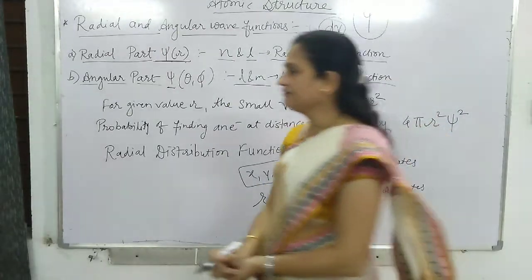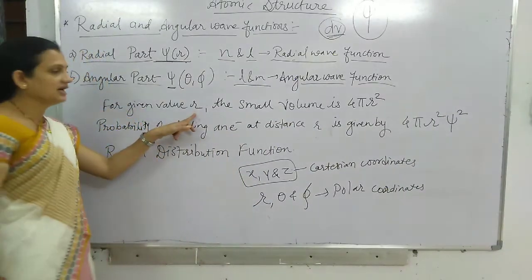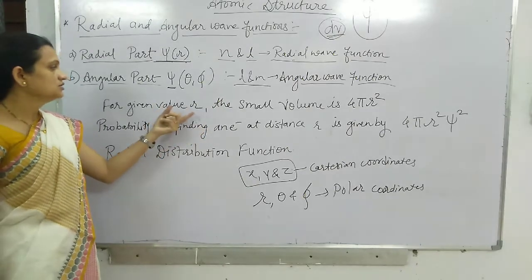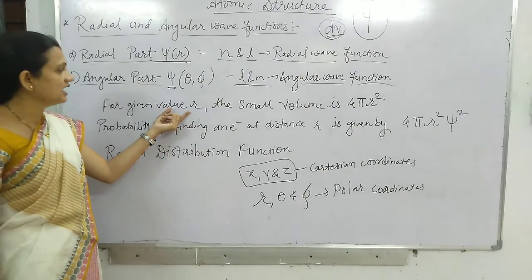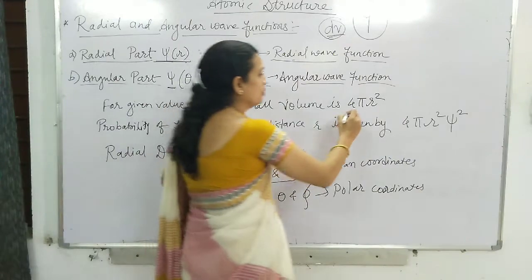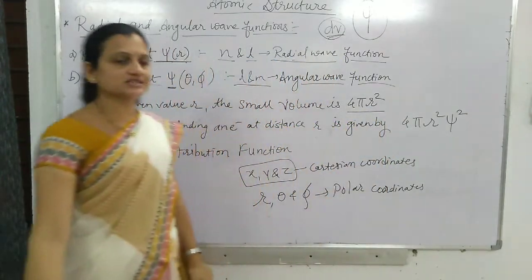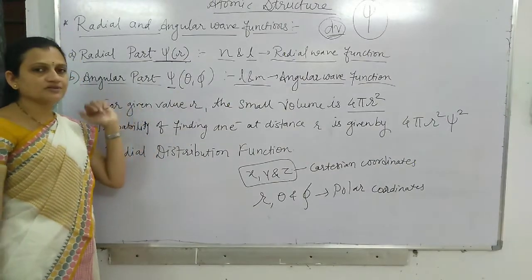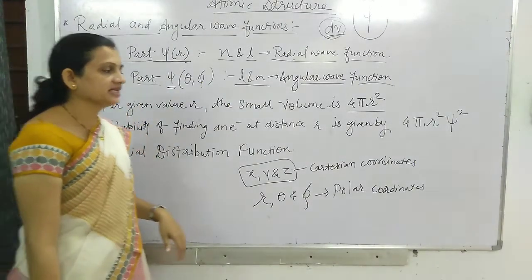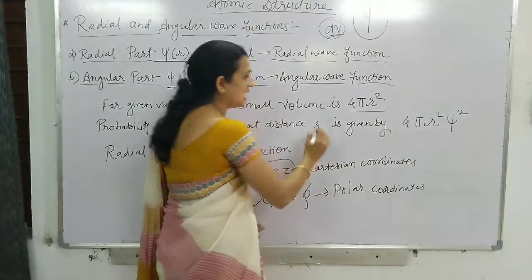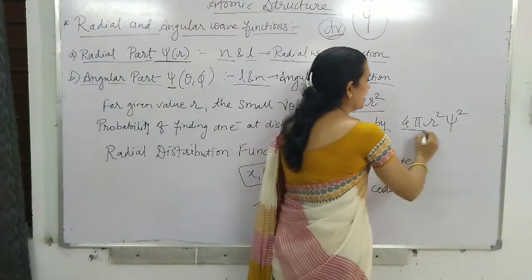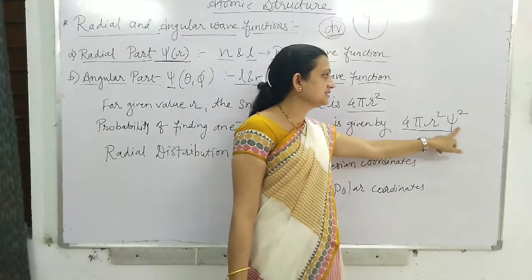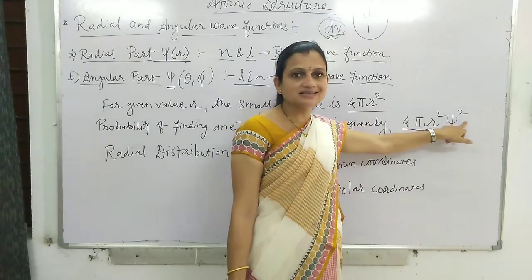Now for a given value of r, where r means the radial part, the small volume is 4 pi r square. And because of that, the probability of finding an electron at distance r is given by 4 pi r square into psi square. Why have we written psi square, not a single psi?